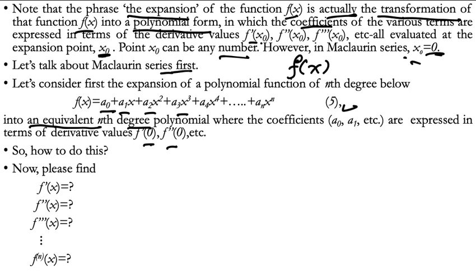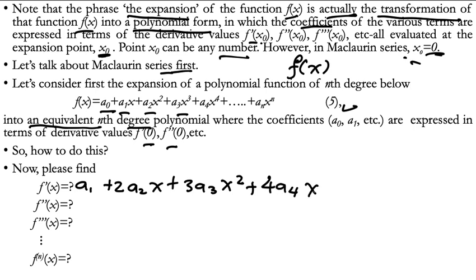So how can we do this? Now please find f prime x. If we find f prime x from the original function here, we have a1 plus 2a2x, plus 3a3x squared, plus 4a4x cubed, plus, until n times an x to the power of n minus 1.